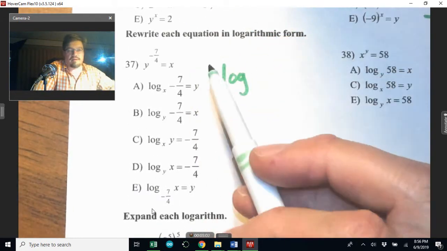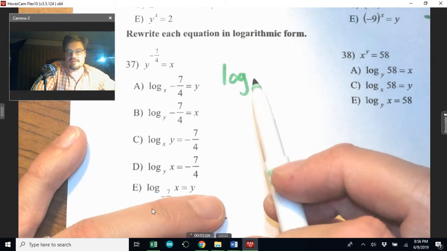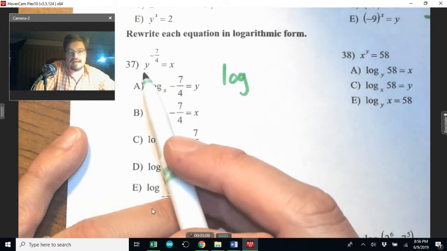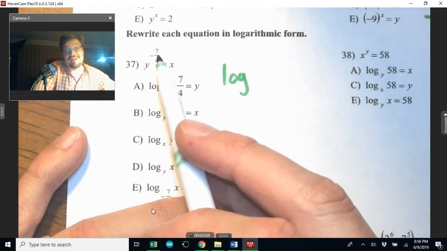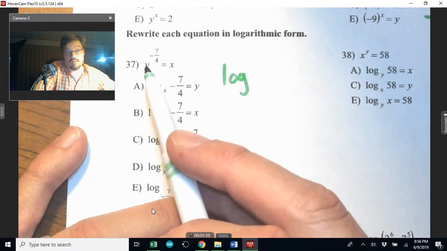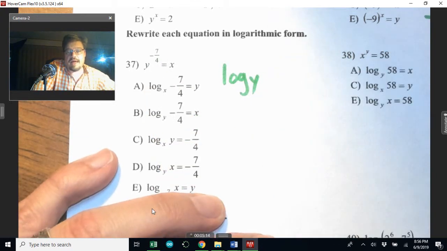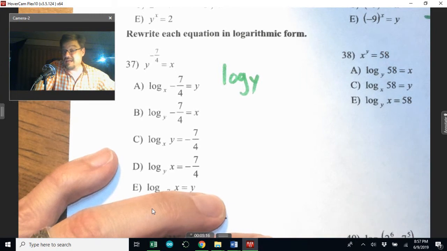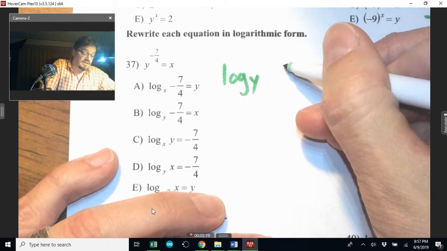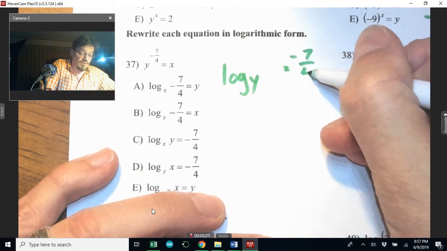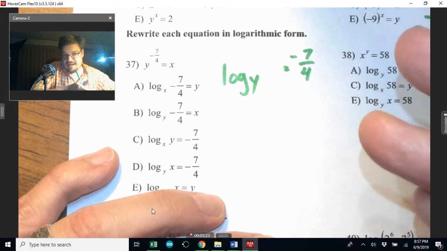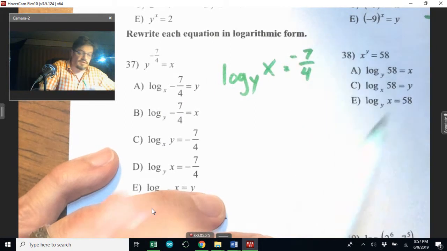So the log, my subscript here should be the base. The base is the guy that's being raised to the exponent, so it looks like it's a y. And the exponent is what the log always equals. So the exponent is -7/4. And then what's left is the actual value, and that's x.